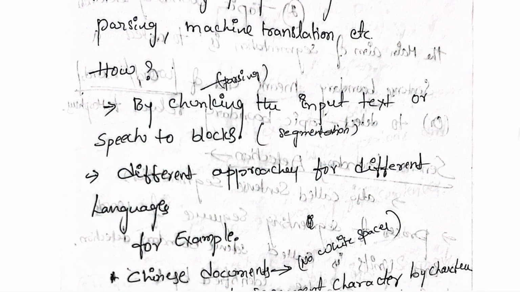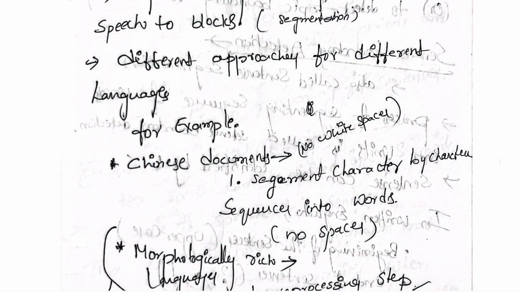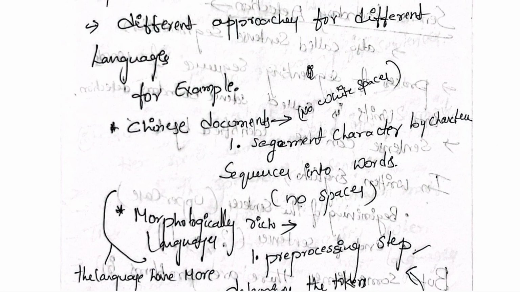Here is a small example. If you consider Chinese documents, to find the structure of Chinese documents we need to be aware of how many alphabets are available in Chinese, and also the sentences and phrases we can fix in the document.